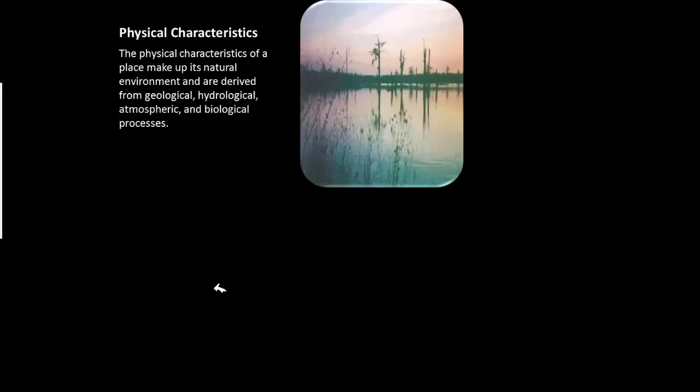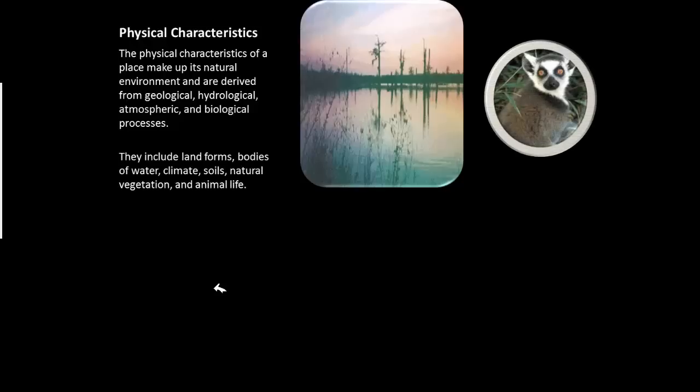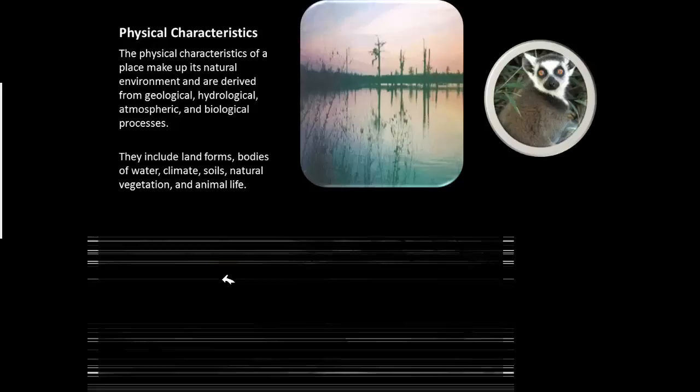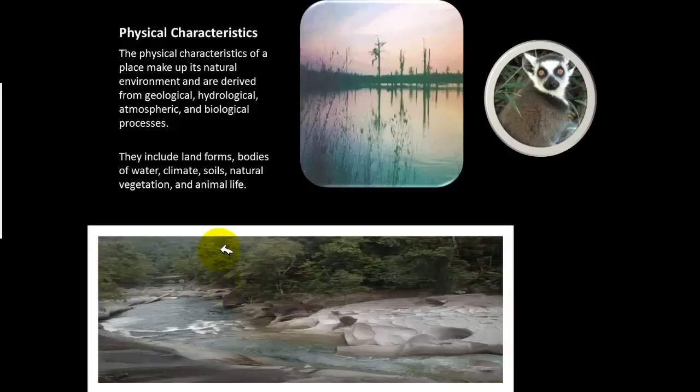Our surroundings, nature, whether it's our land, our water, the type of air we breathe, or the animals in that area, has a lot to do with the human characteristics. Now, these characteristics can include landforms, bodies of water, climate, the type of soils, natural vegetation, and animal life. And these are just some examples.